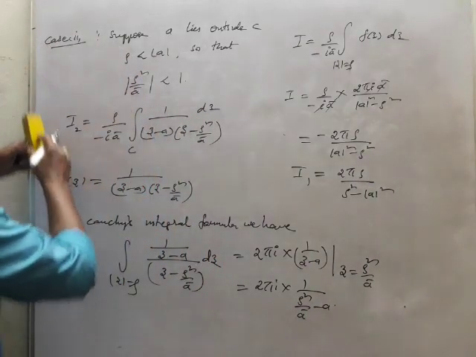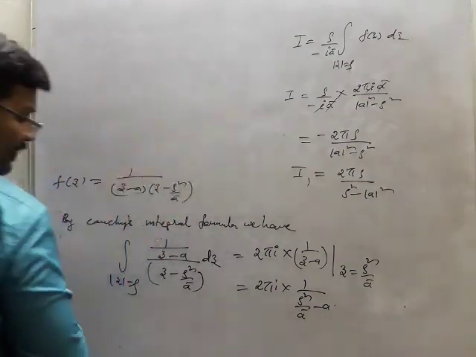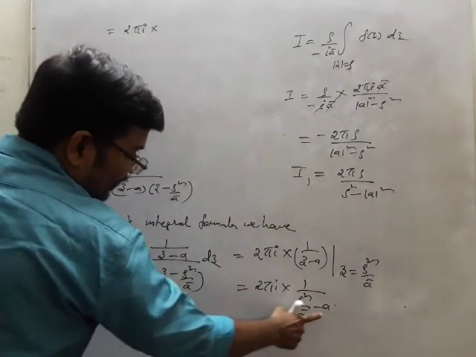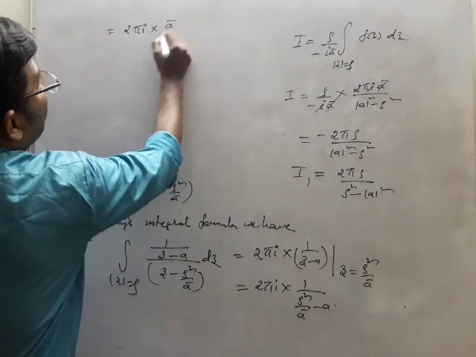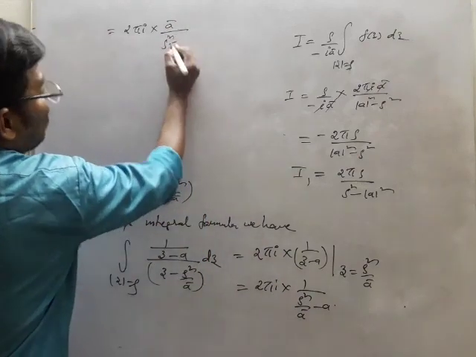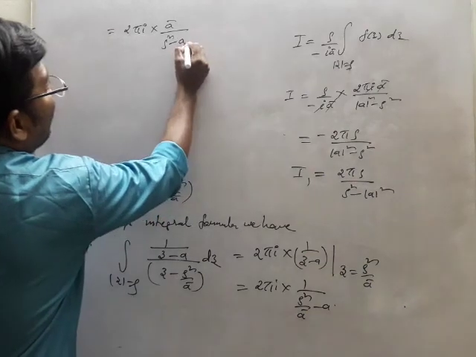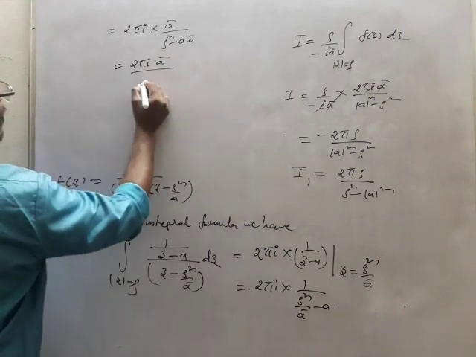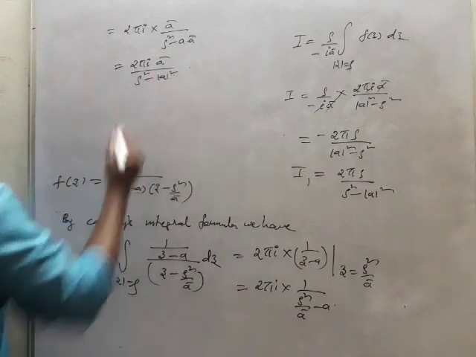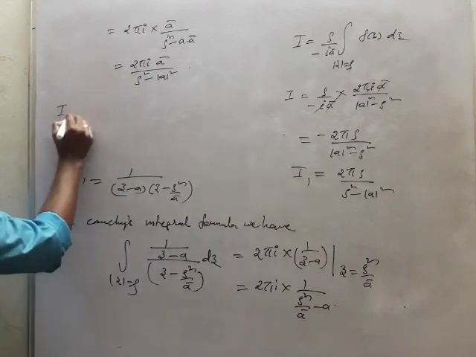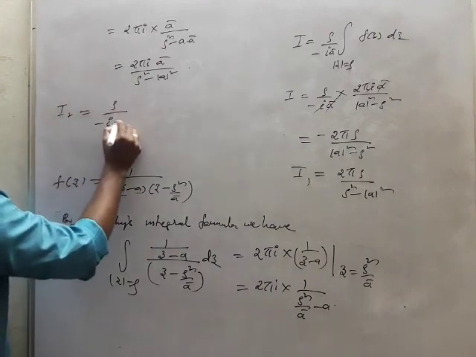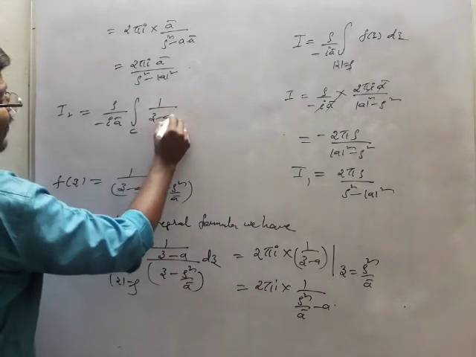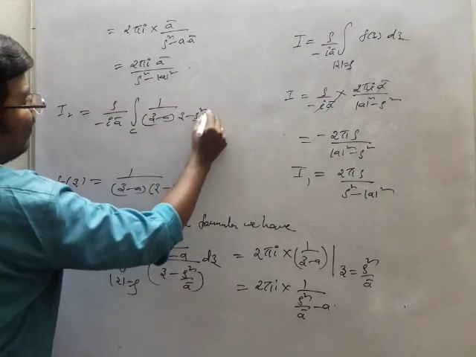I'll write that value here. That is 2 pi I into, a bar will go up, a bar by rho square minus a into a bar. This is 2 pi I a bar by rho square minus mod a square. But I2 is equal to rho by minus I into a bar integral over C of 1 by z minus a, z minus rho square by a bar dz.